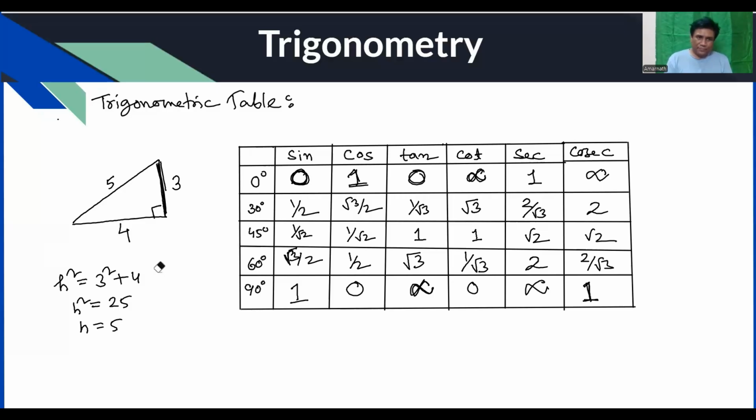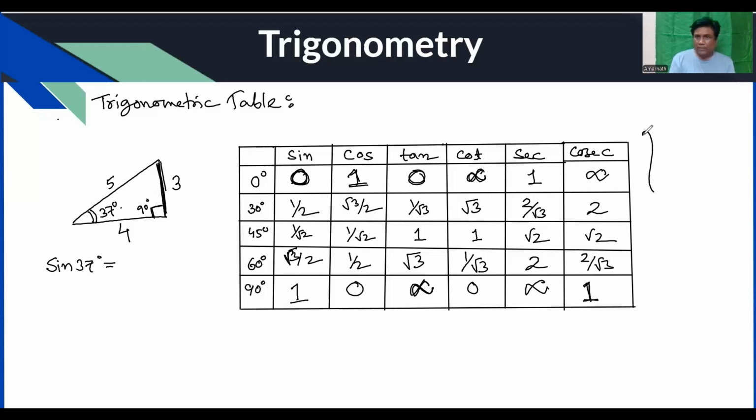Remember, if it is so, this angle always becomes 37 degree, always. And this is 90 degree. So now please tell me what will be the value of sine 37 here?